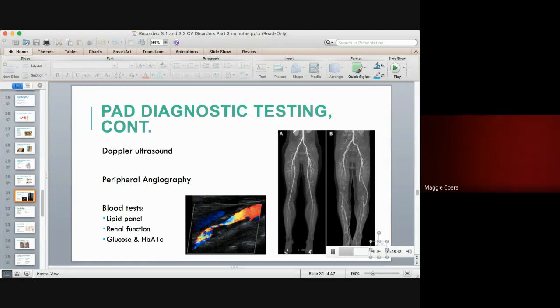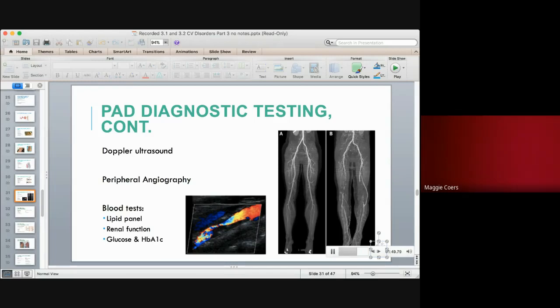We can also do a peripheral angiogram, and this is done in the cath lab as well, just like a cardiac angiogram. We inject dye and watch the blood flow or where the blood gets backed up. You can see that depicted here in A and B. In A, you can see pretty normal blood circulation.